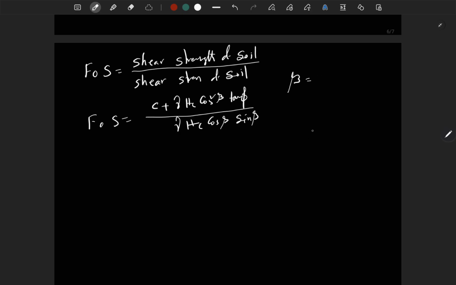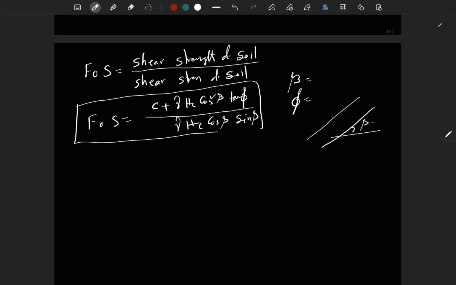Okay, if this is a slope, then this is beta, and phi is equal to your frictional angle. Okay, this is the most important and the only important equation. You have to just remember that equation.